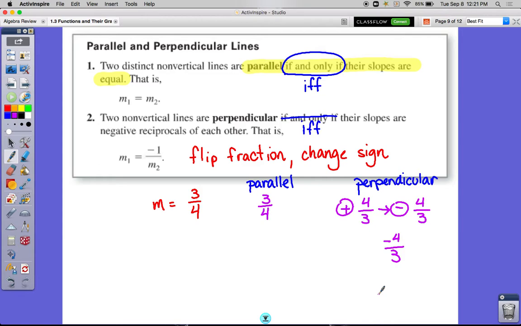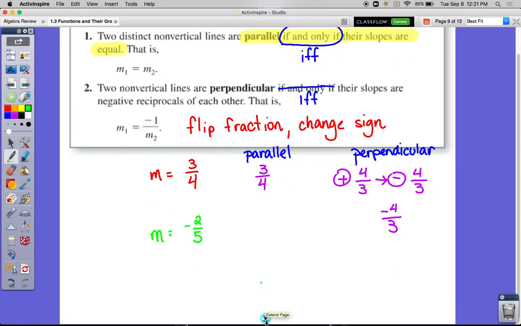For that matter, let's try another one. Somebody else give me an example of a slope, just any slope. A negative one this time. All right, let's go with negative 2/5. Good idea. So now negative 2/5 is my starting slope. Parallel would be negative 2/5. And what about perpendicular? Well, I gotta flip this fraction over. Now keep something in mind here. When I flip the fraction over, I'm not taking any signs with it.